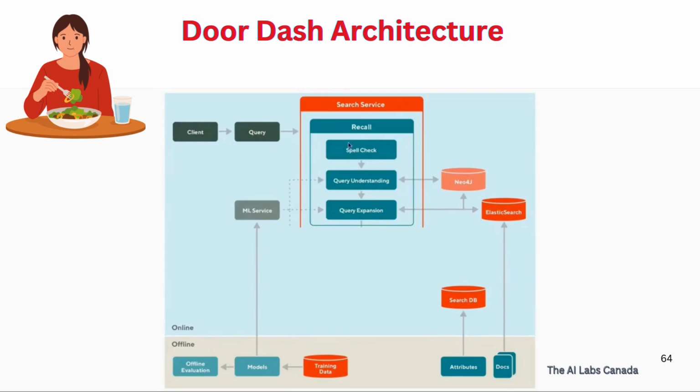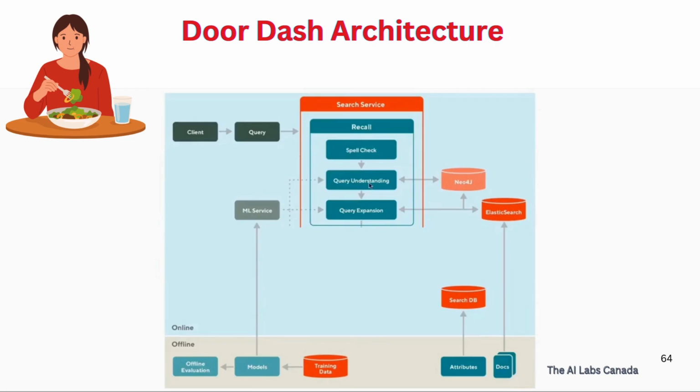On the online side, when the user comes in and submits a query, that query goes through the search service. Now the search service has two components, recall and precision. In the first case, it goes through the recall process, and there are multiple steps done here, mostly NLP steps like spell check.